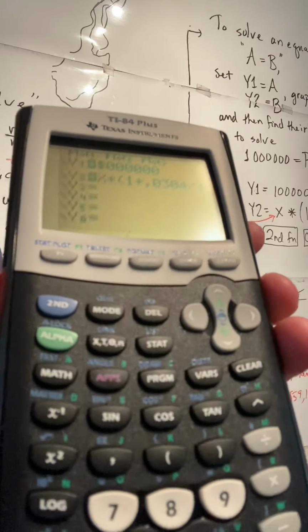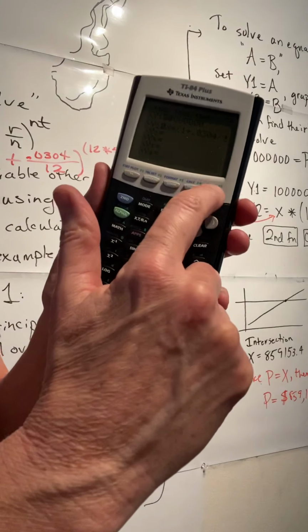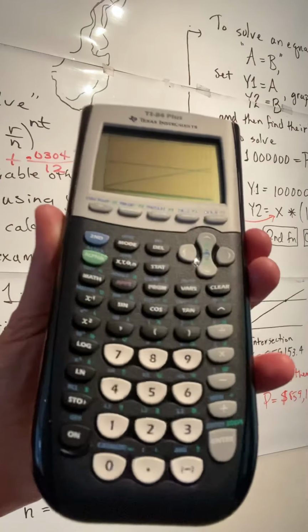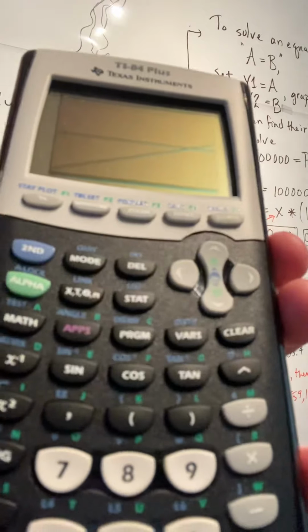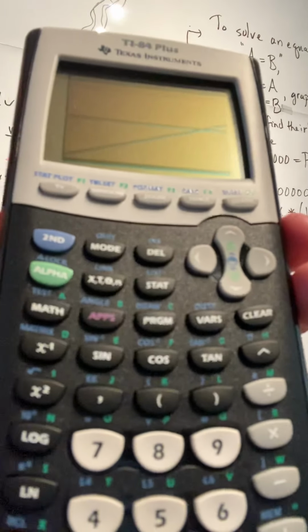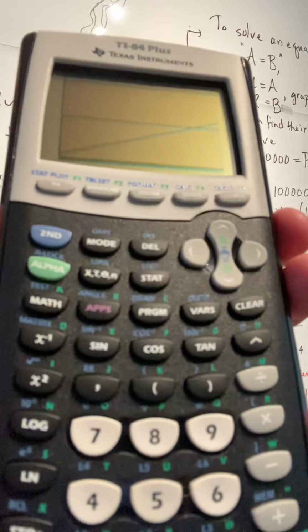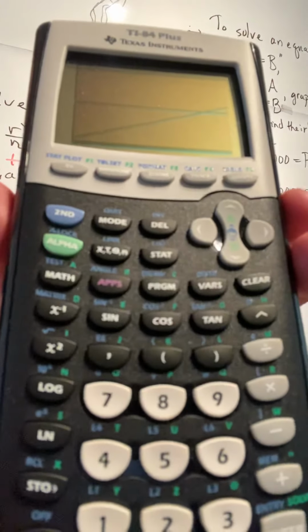Now I press graph, which is right over here. And if I'm really super lucky or I've fixed the window enough, well, I'm going to talk about that in a second, I'm going to see where those two curves intersect. You see those two lines intersecting?